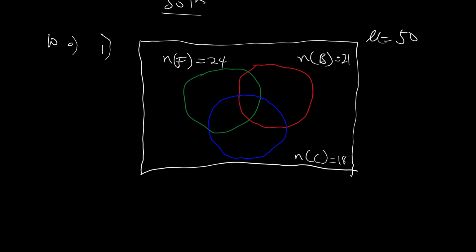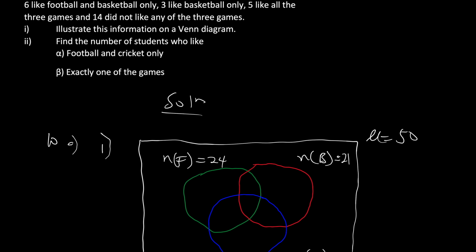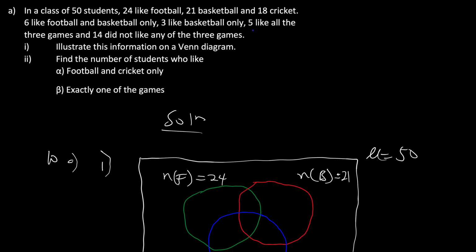Now this portion is the number of students who like football, basketball, and cricket, and we are told that 5 like all 3 games. So we have 5 students here.